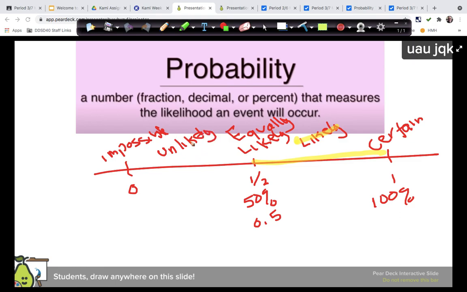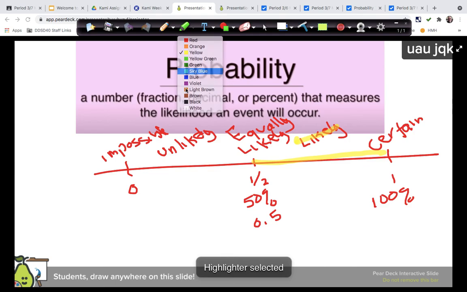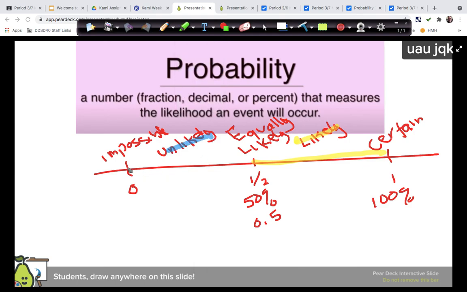And just like the likely up there, we're going to highlight that unlikely is this entire zone from above 0 to below 50 and everything in between. So we could say very, very unlikely, extremely unlikely would be down here, moving up to close to just equally likely.